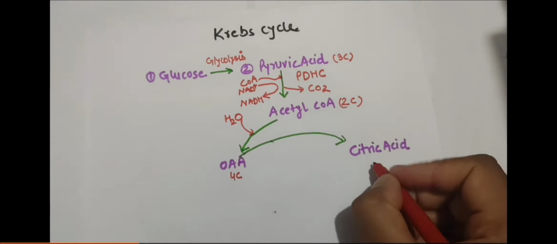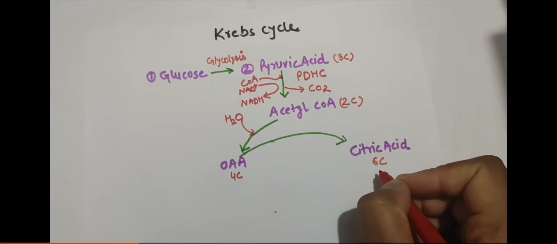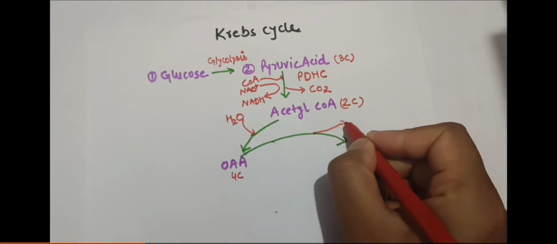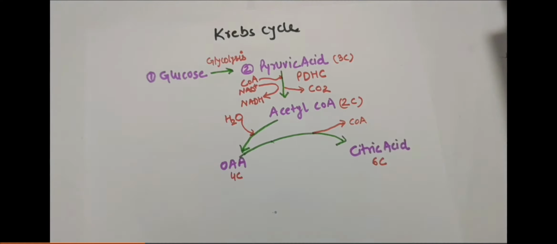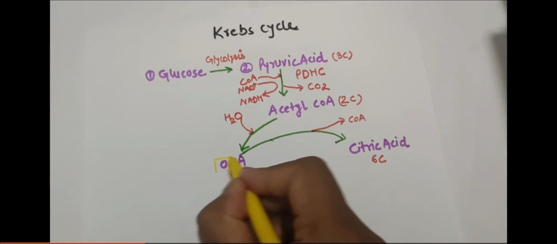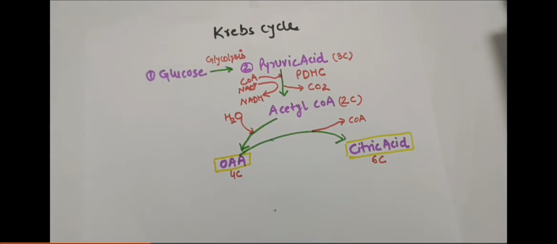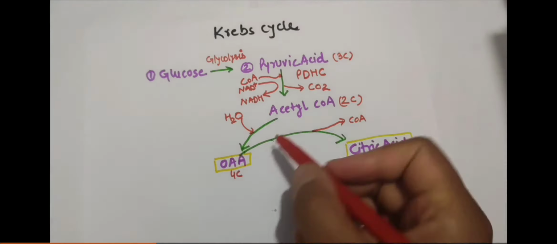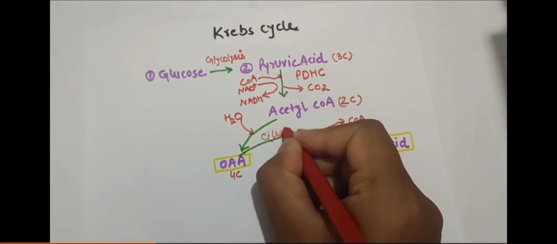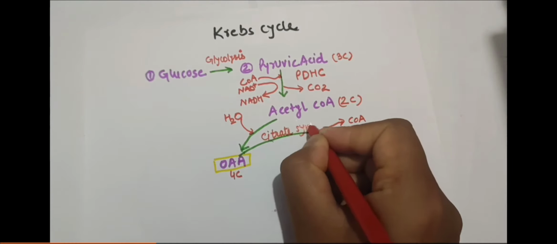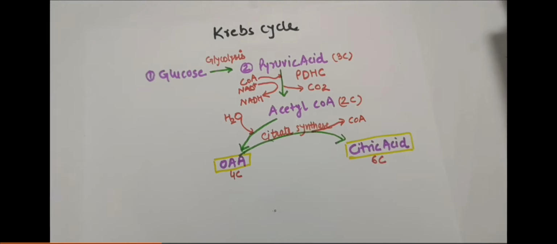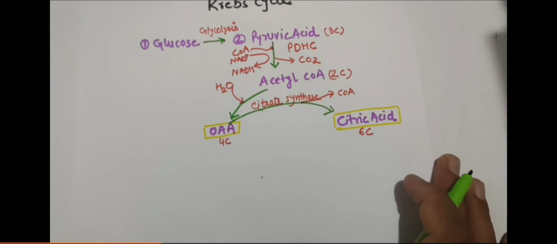It is a 6 carbon compound, and here CoA is released. The enzyme that catalyzes this reaction is called citrate synthase, and this step is known as condensation.